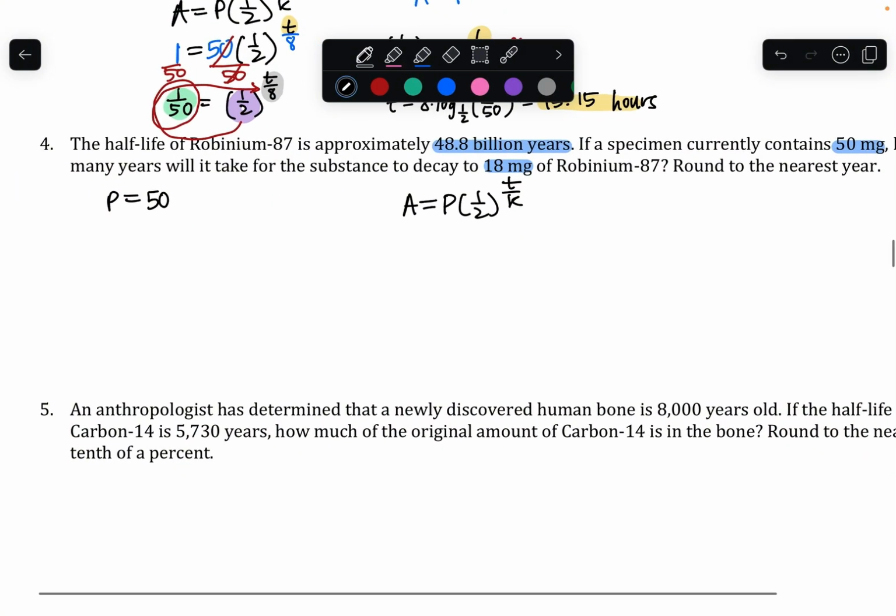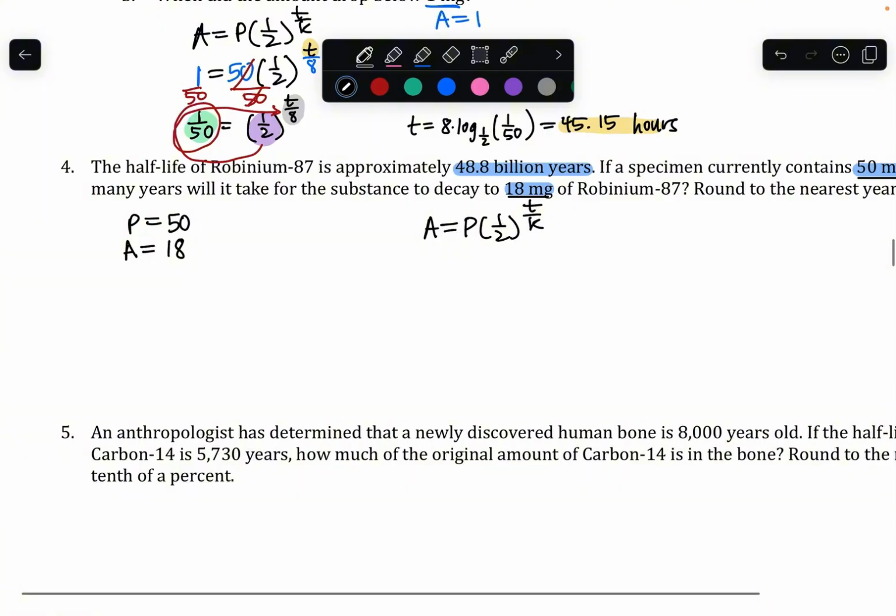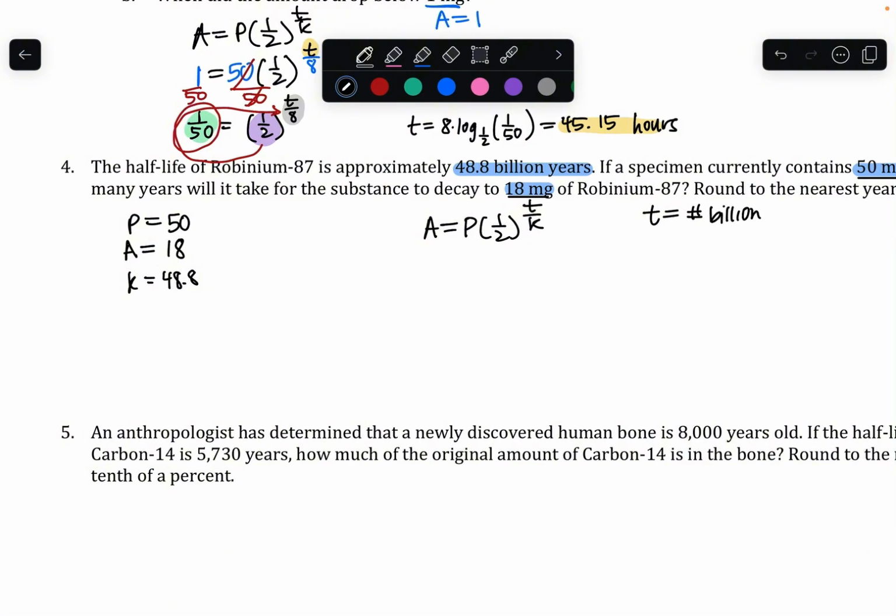And our future amount we're trying to get to is 18 milligrams. Currently 50, and we're trying to decay to 18. We know that a half-life is 48.8 billion years, so we're just going to keep in mind that t is going to be measured in number of billion years.